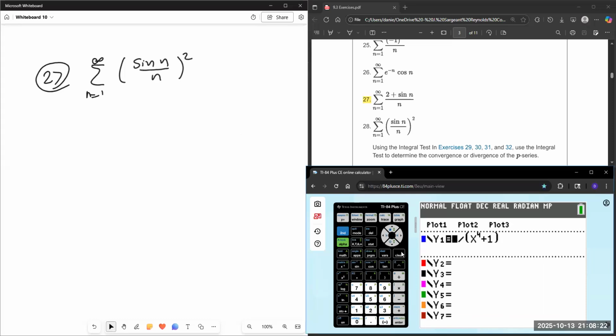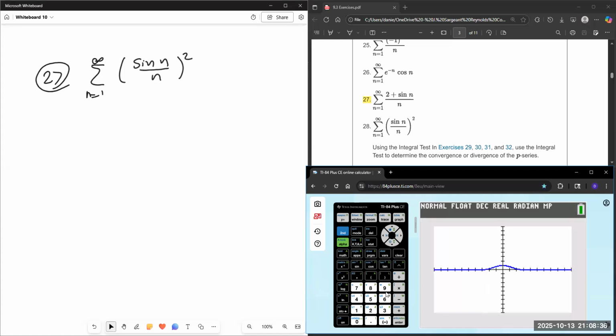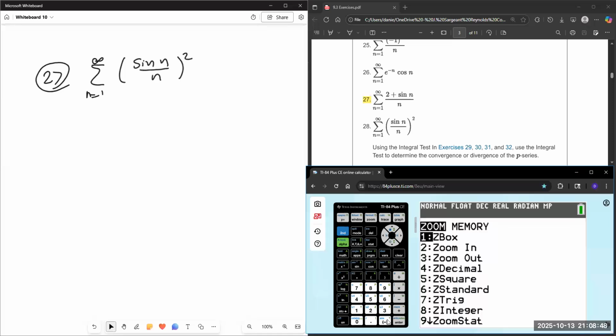Let's go ahead and look at this just to be sure. Sine of x over x, quantity squared. Let me zoom out.